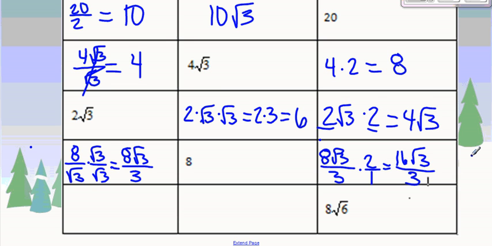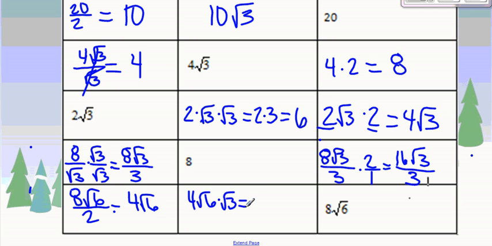Okay, again, if you got that, the 8 divided by the square root of 3 in this class, like, I would not be mad at you. Okay, because that means you're understanding the concept. So we have the hypotenuse here, and we're just going to divide that hypotenuse by 2 in order to get our short leg, and that's going to give us 4 square root of 6. Okay, and then to get our long leg, it's going to be 4 square root of 6 times the square root of 3.